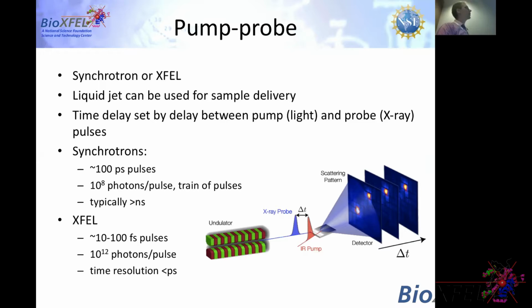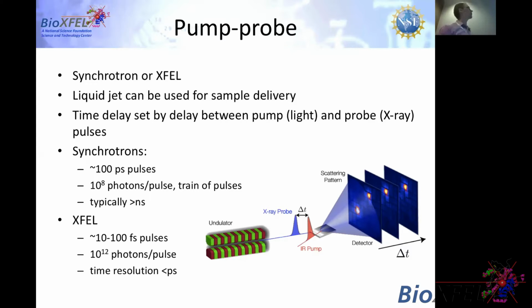You trigger that pulse such that it precedes the X-ray probe pulse by whatever time delay you're desiring. You can set this up such that the jitter between these at XFELs is on the order of 100 to 200 femtoseconds. And so you can have time resolutions that are very short.